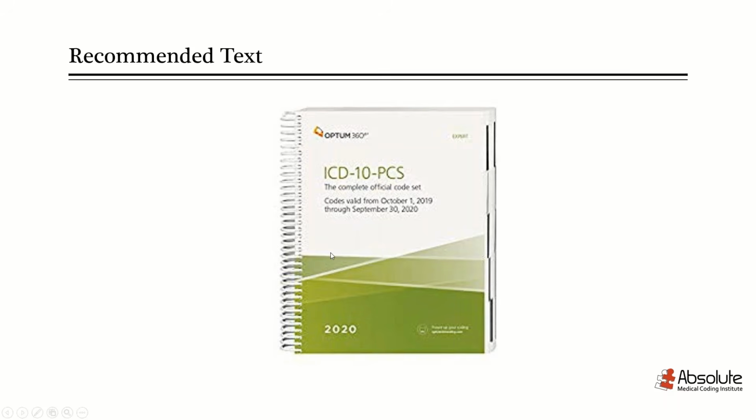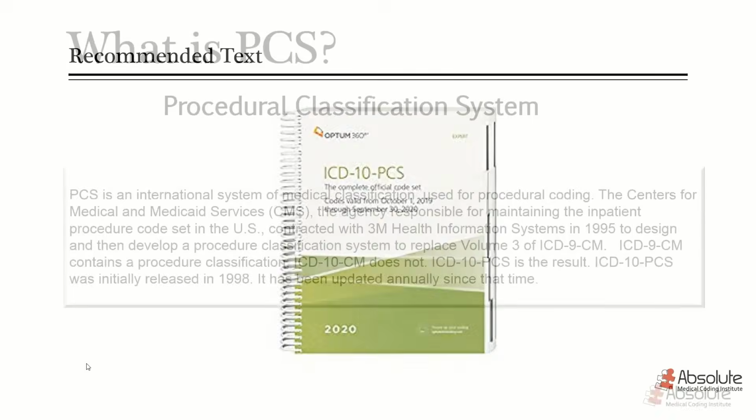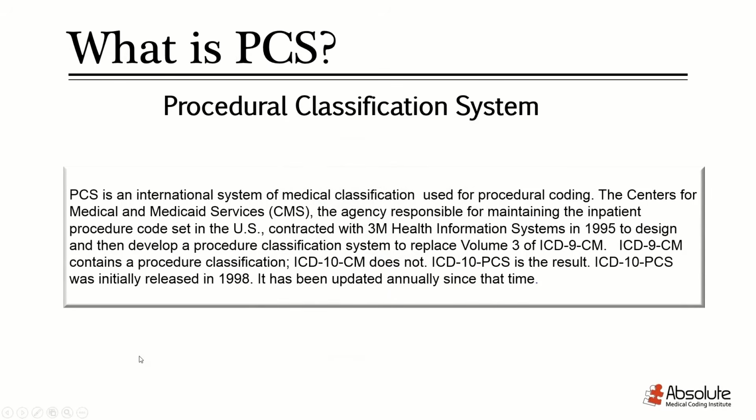All right, coders, let's talk a little more about what PCS is. PCS is the acronym for Procedural Coding System, and it's an international system of medical classification used for procedural coding. The Center for Medicare and Medicaid Services, the agency responsible for maintaining the inpatient procedure code set in the United States, contracted 3M.